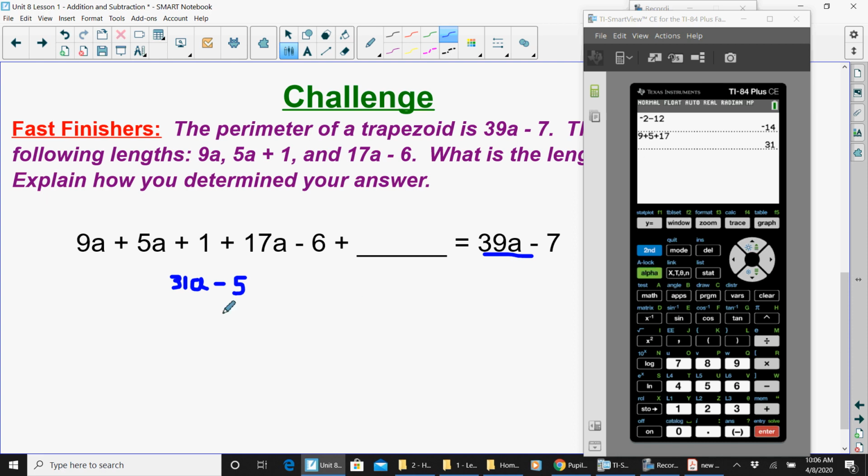So I could figure out what that 4th side is just by taking a look at it. All right, 31a plus what equals 39a? Well, 31a plus 8a. And then negative 5 plus what equals negative 7? Plus a negative 2. So that's my side, 8a minus 2.